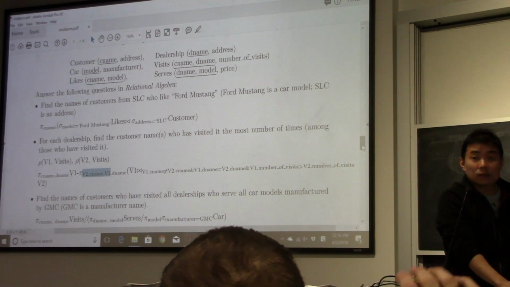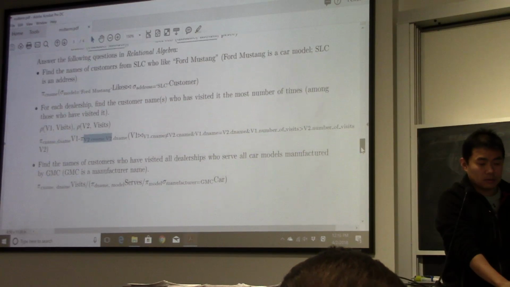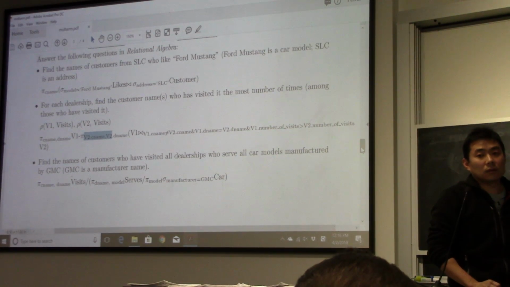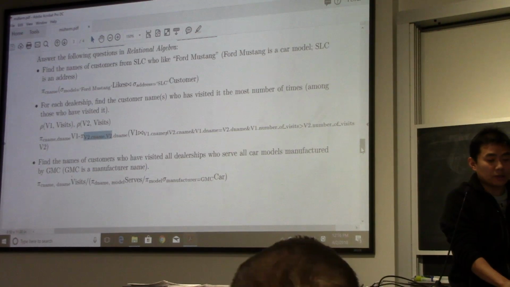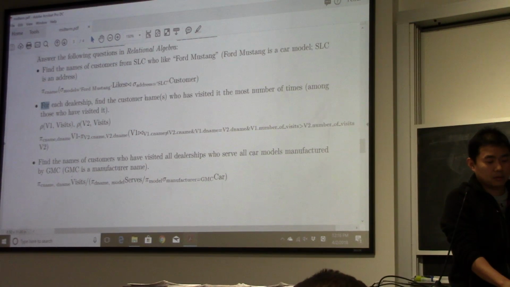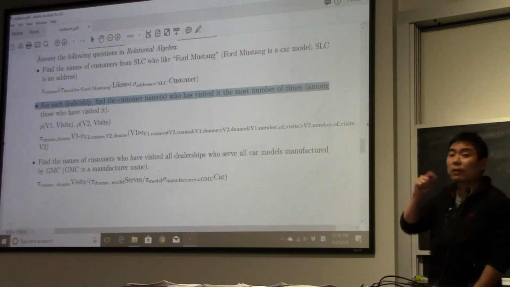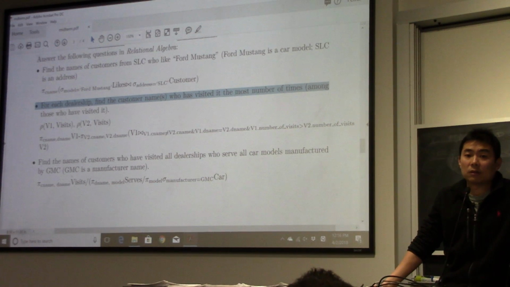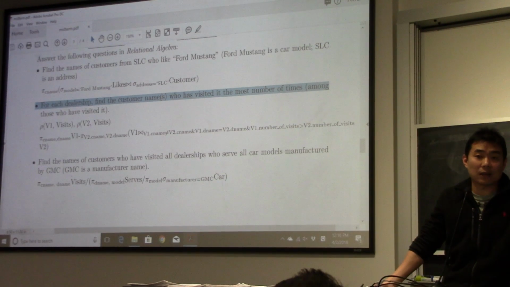The last one, yes? Quick question on that one. Yeah. For that one, what gives you the insight to project that D name? Because the question asks for the customer name, so I always just assume. For each dealership. Okay. And also, if you only put out the customer name, what do you get? I don't think that query actually gives you anything meaningful, to be honest with you.